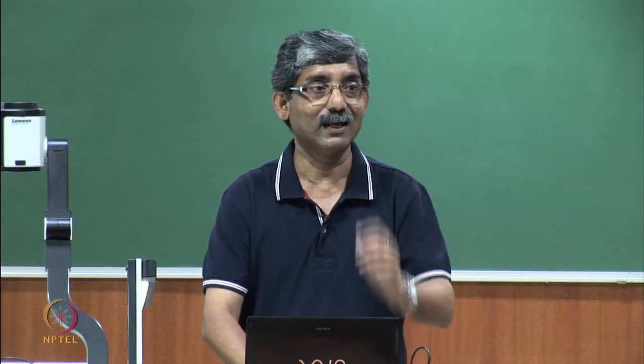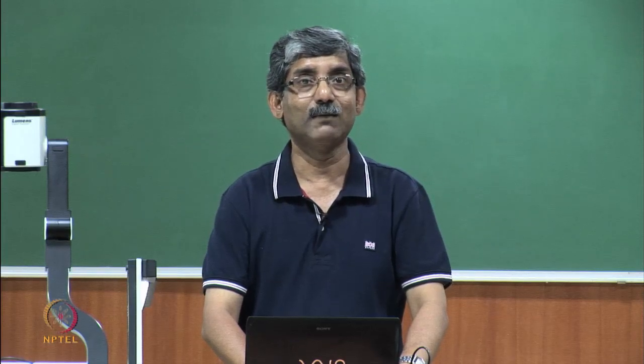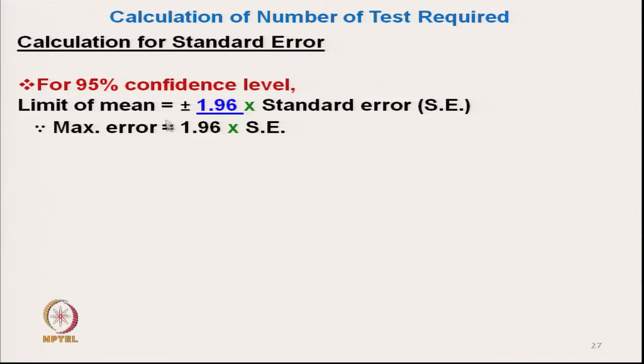And what is the limit of the mean? That limit of the mean that we have calculated already is the maximum error allowable, which we saw earlier, 0.196, that is 1.96% of 10. So, 0.196 is the maximum error, equal to the standard error multiplied by 1.96.